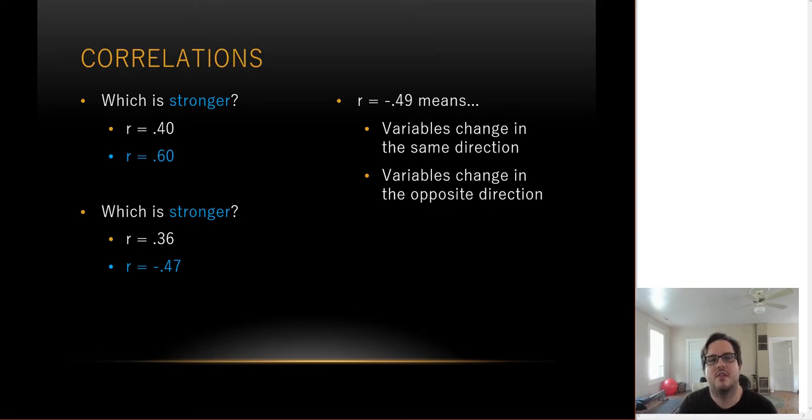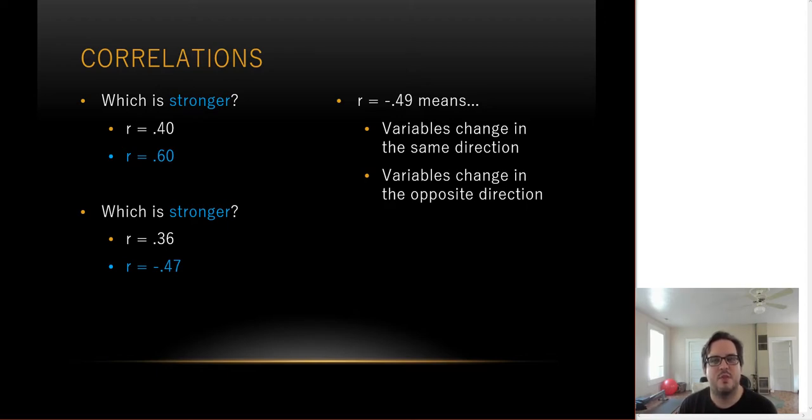How about this? If I were to ask you this, an r equals -0.49. Does this mean that the variables change in the same direction? So that is, as one increases, the other one increases? Or as one decreases, the other one decreases as well? Or does it mean that the variables change in the opposite direction? As one increases, the other one decreases? What you should be paying attention to here is not the number, but the sign in front of that number.